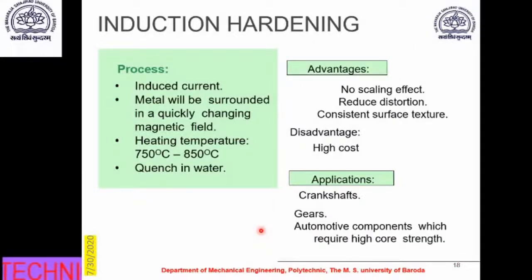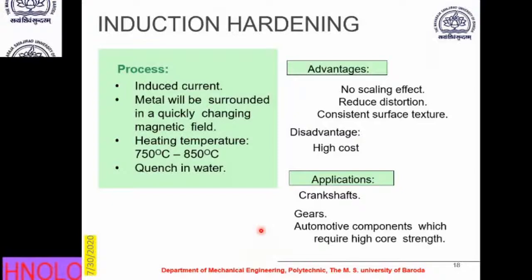Now we'll go to the process, advantages, disadvantages, and applications of different selective surface hardening processes. So what is the process? For induction hardening, induced current is used. Metal will be surrounded by a coil with a quickly changing magnetic field. The heating temperature is around 750 to 850 degrees centigrade and the quenching medium is water.